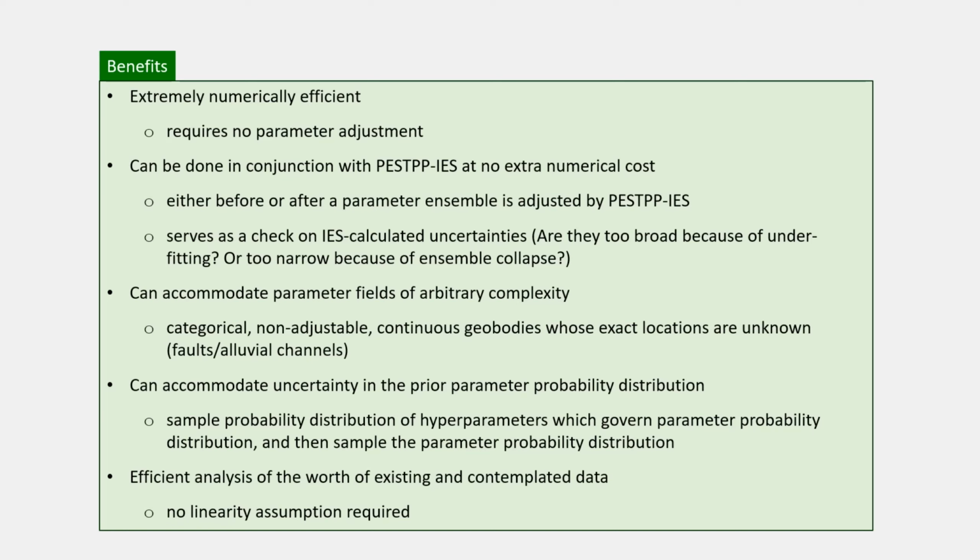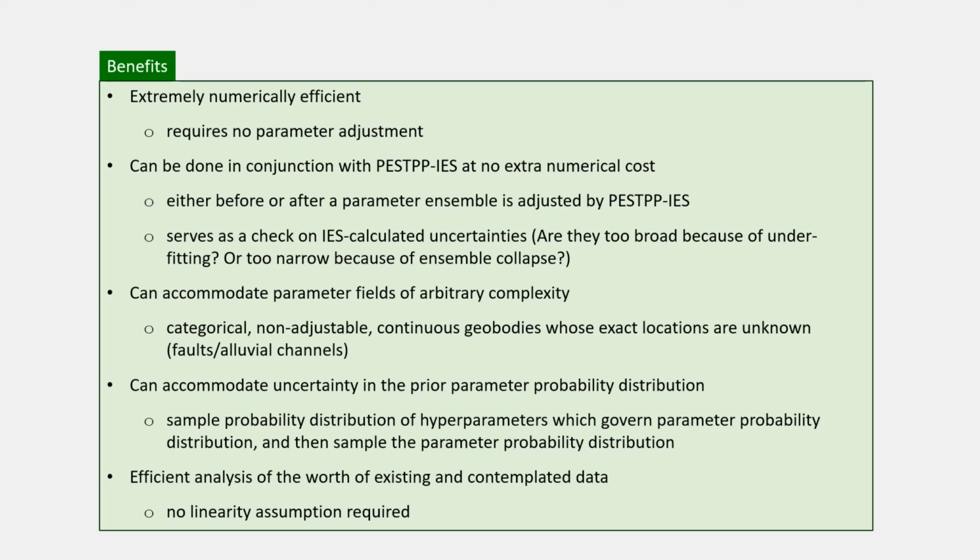So then selection of a parameter field becomes a two-step process. Firstly, we sample a random realization of the hyperparameters that governs the nature of the prior parameter probability distribution, and then secondly, we select parameters using that distribution. So we can accommodate the full range of our knowledge and lack of knowledge of what exists under the ground.